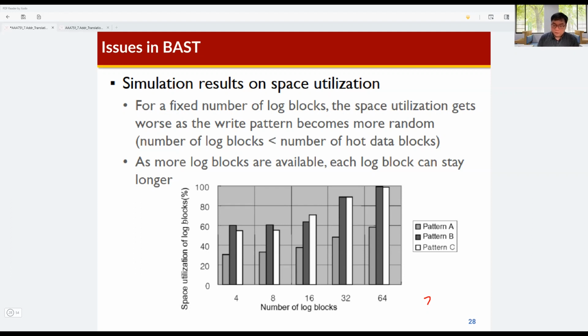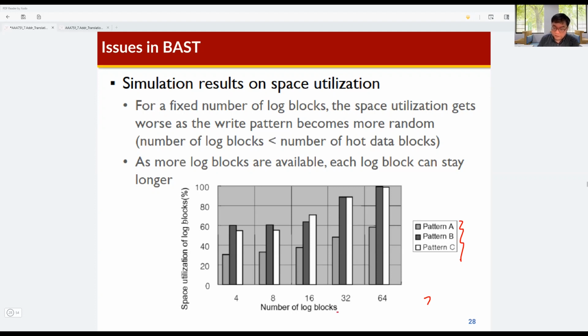So what are the issues? As I explained, the low utilization in log blocks. There are three patterns, that means some access patterns to the storage devices. As you can see, the utilization of the log block is very low.